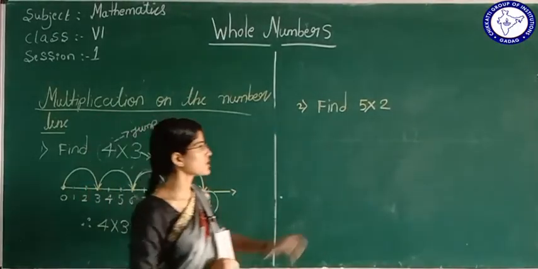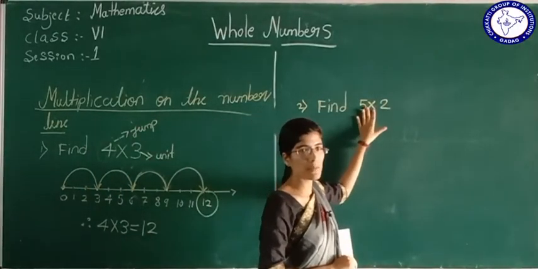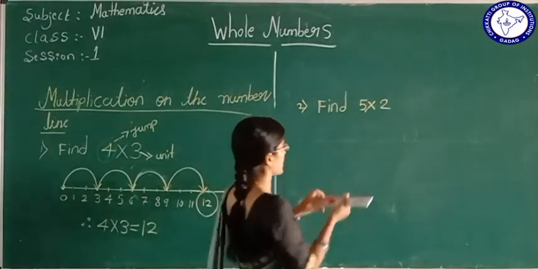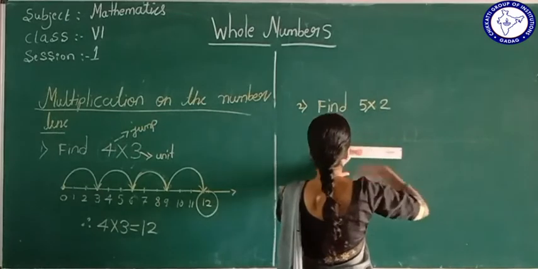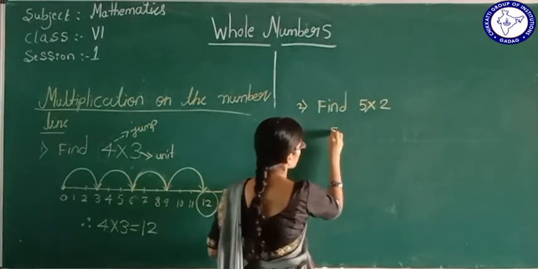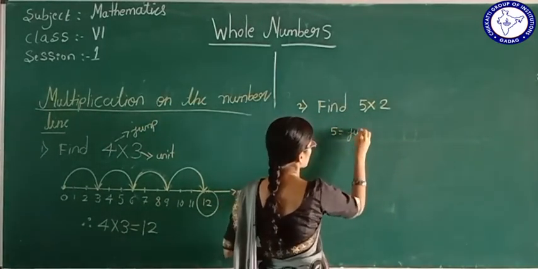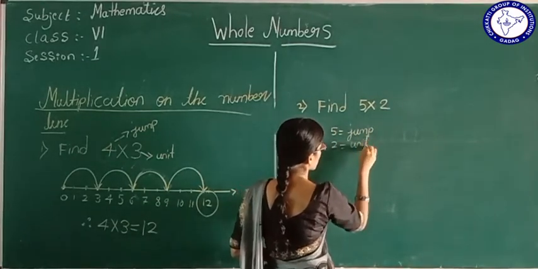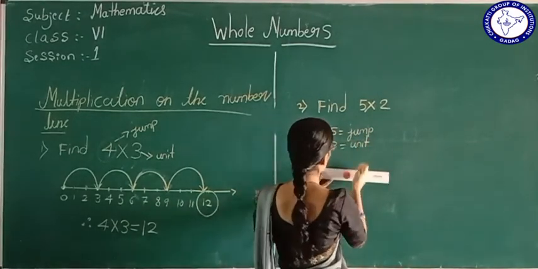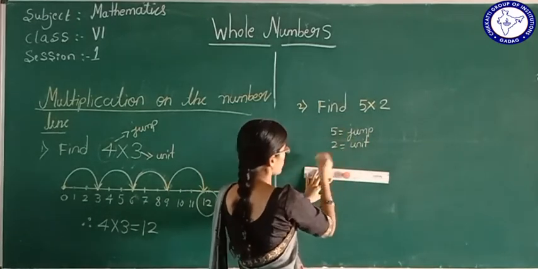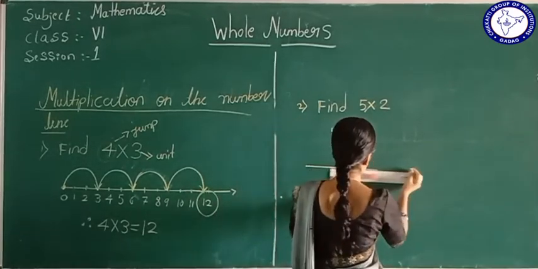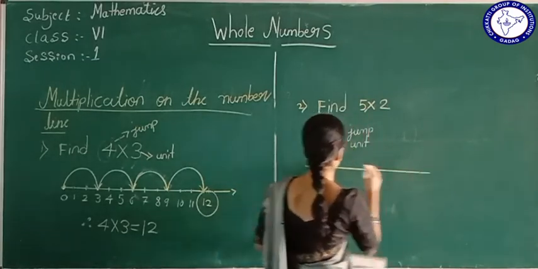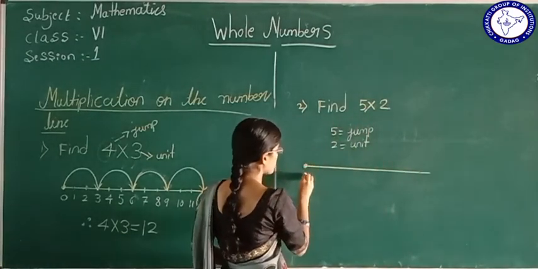Next we will see what is 5 into 2. You know that 5 multiplied by 2 is 10. But we are doing it on a number line, right? See here, the bigger one you take as a jump. Okay, 2 units. You can take anything as a jump or unit, no problem. Whole numbers will start from 0, right?